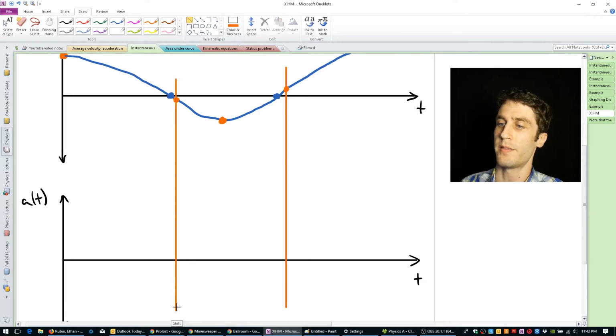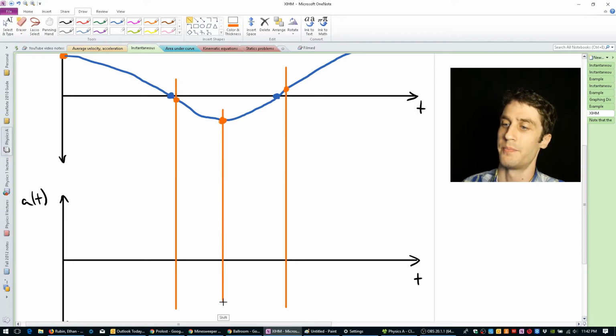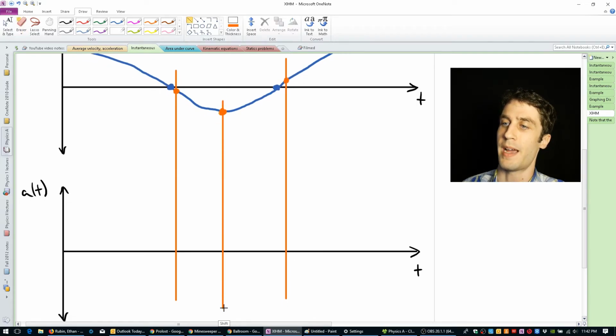Now the places where the velocity is changing the most don't necessarily correspond to where the velocity is 0. It just happens to nearly work out that way on this sketch that I've drawn. But the really important one is where the velocity is minimized right here. Or if it had been maximized, that would be important as well.